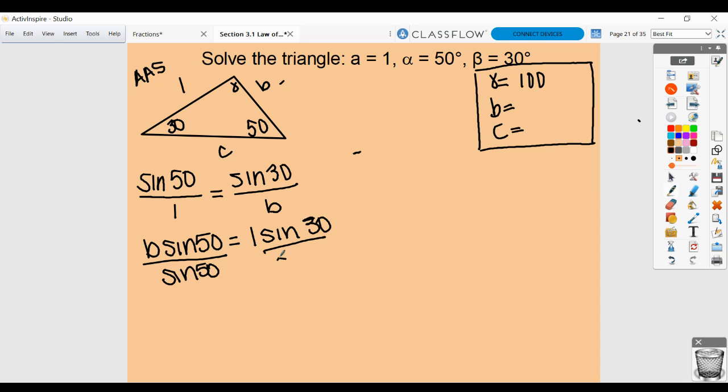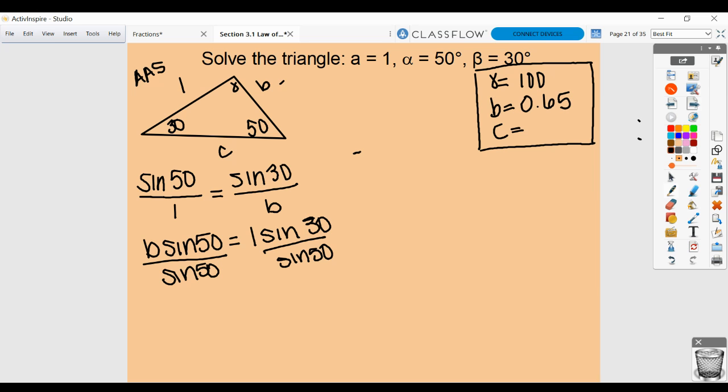Divide by sine of 50. So sine of 30 divided by sine of 50 is 0.65.